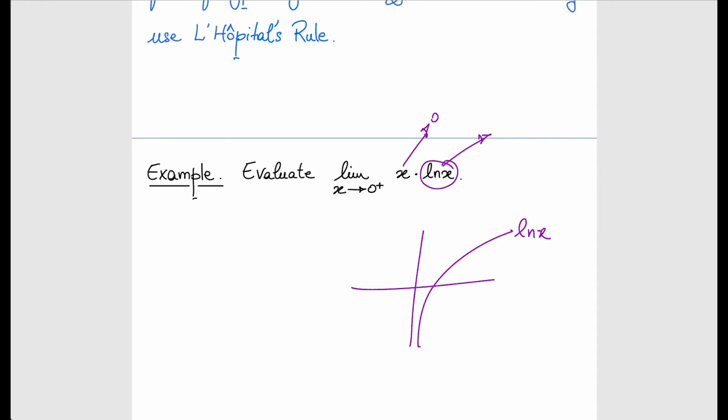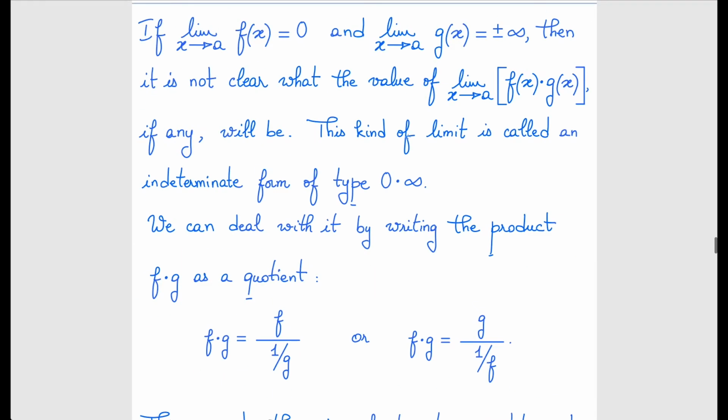As x approaches 0 from the right, where is the function? It's right there. It's blowing down. So this guy is going to minus infinity. Agree with that? So we get this. And this is an indeterminate form of type 0 times infinity, the one that we just discussed. 0 times infinity. Correct? Okay.